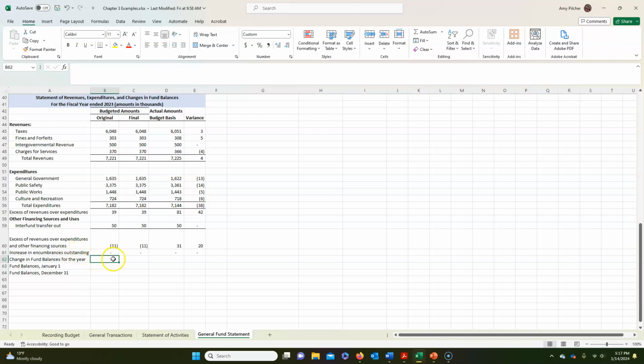So our change in fund balances, fund balance, of course, being $152,000 on July 1st. Zero variance here.